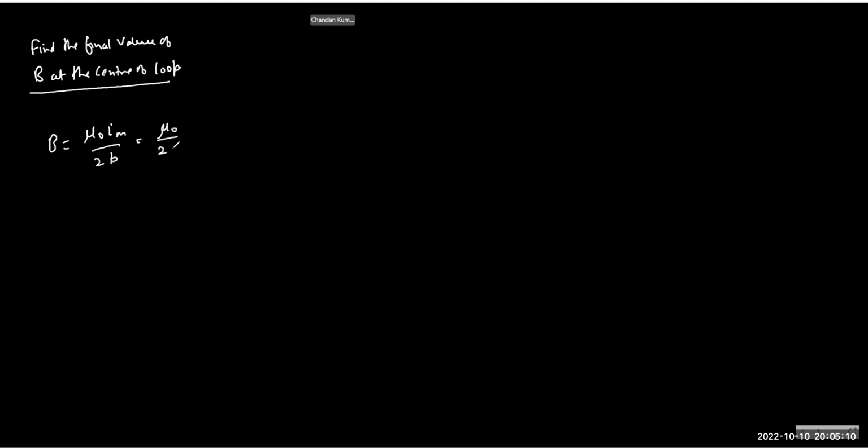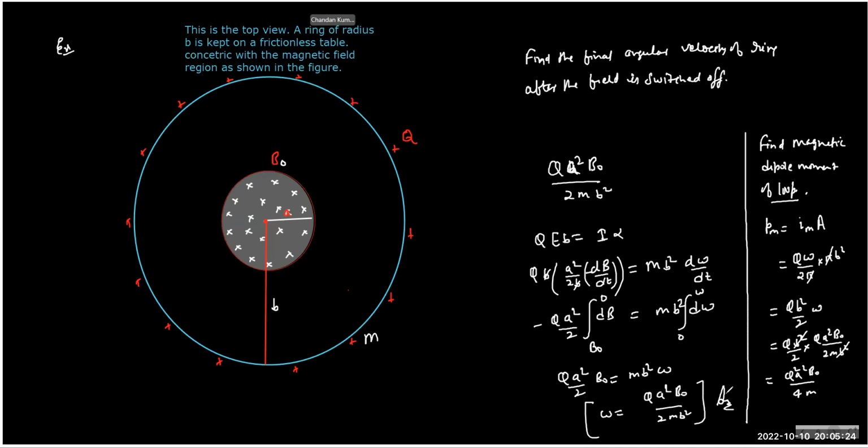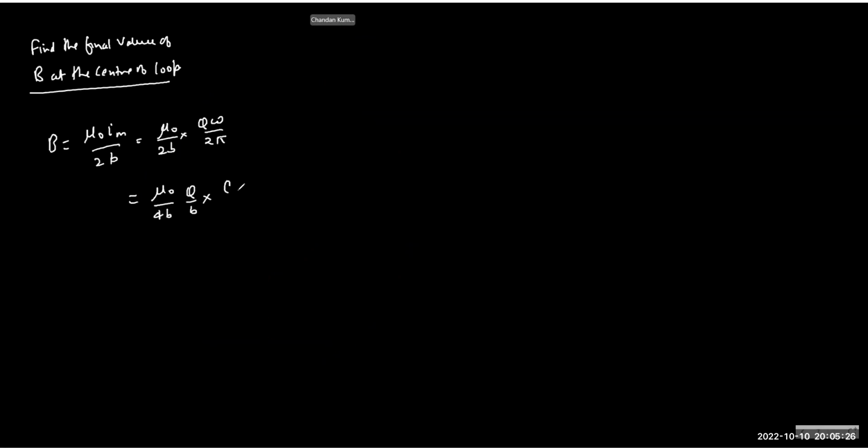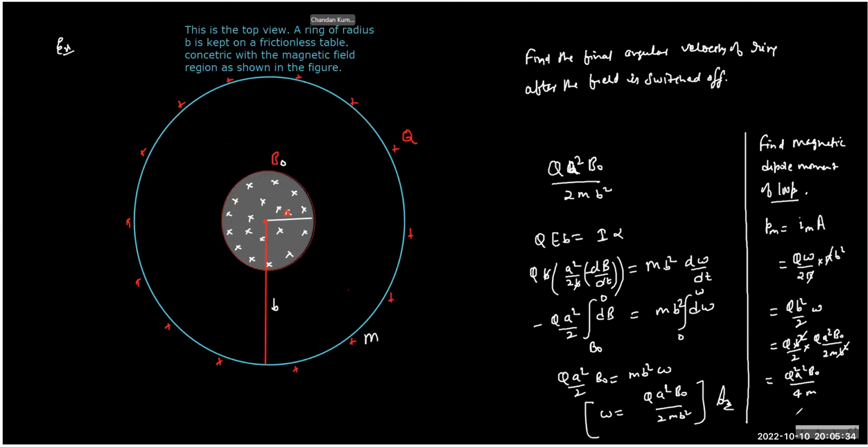And the molecular current we write as Q omega by 2 pi. So it is mu naught by 4 pi Q by b into again omega, and omega is Q A squared B naught by how much? 2 MB squared.